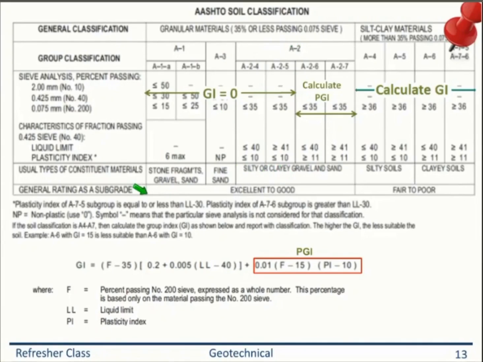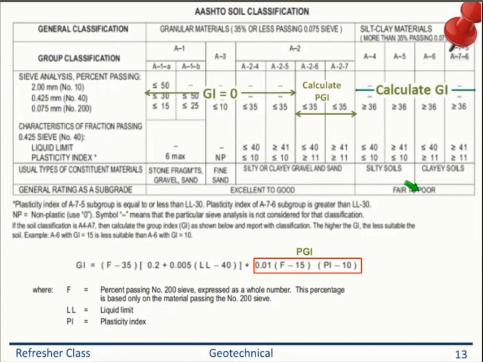From here to here, the material is rated as excellent to good material to be used as a subgrade material for the roadway. If you classify the soil as one of these, it is rated as fair to poor.